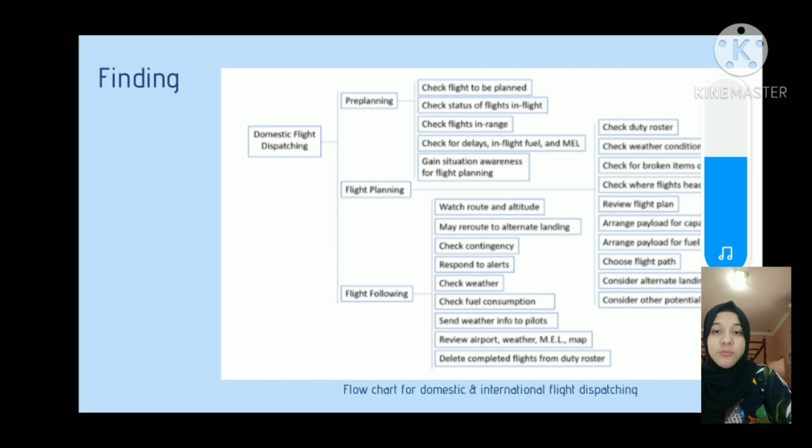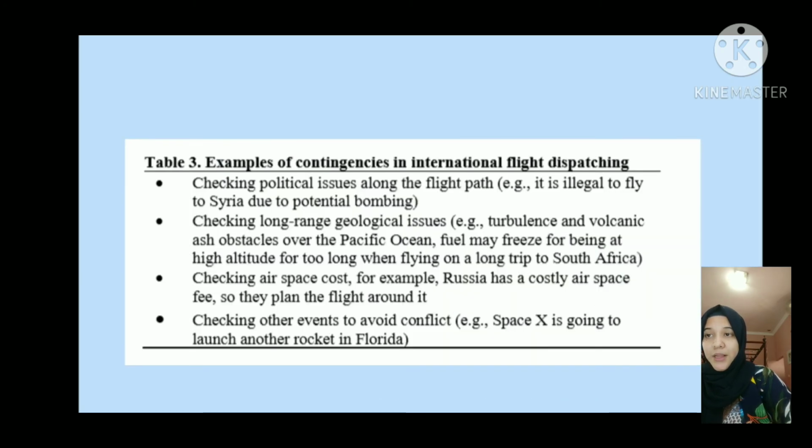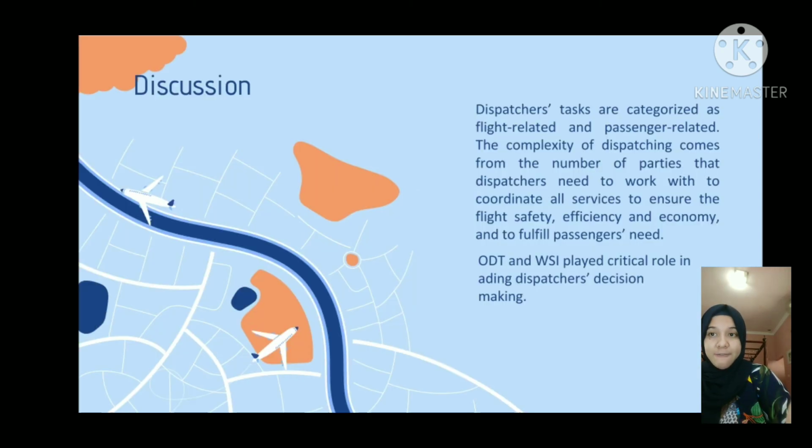Here are the job tasks of the dispatcher. The difference between domestic and international flight dispatching is, for example, that in international flight dispatching, the dispatcher also has to check the political issues along the flight.